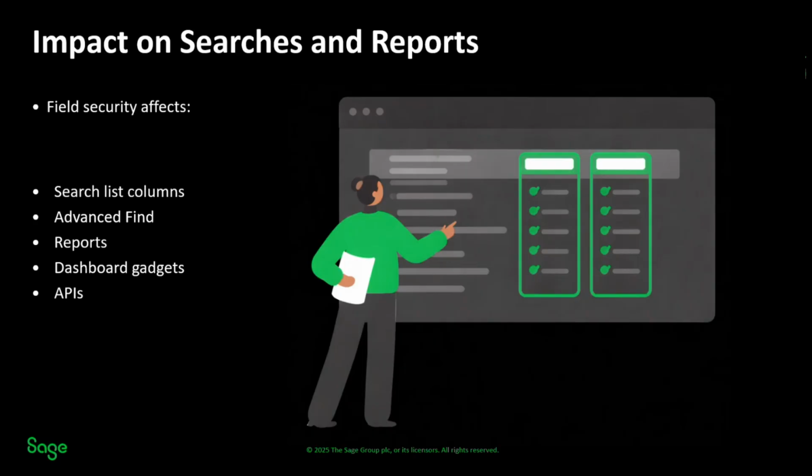So if read access is denied, the field disappears completely from search results and reporting. And that makes it very, very important for data protection and GDPR work as well. So you can absolutely guarantee that certain fields won't be able to be seen, reported on, or exported, unless the user has the appropriate rights to see that data.